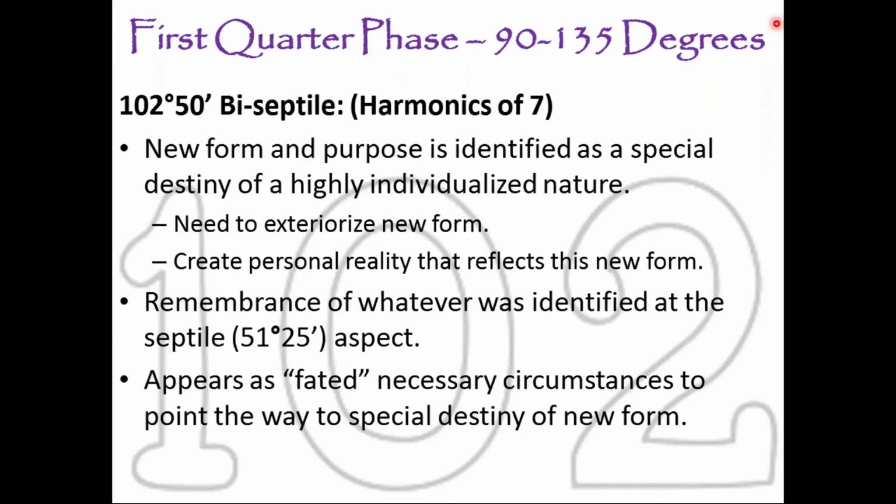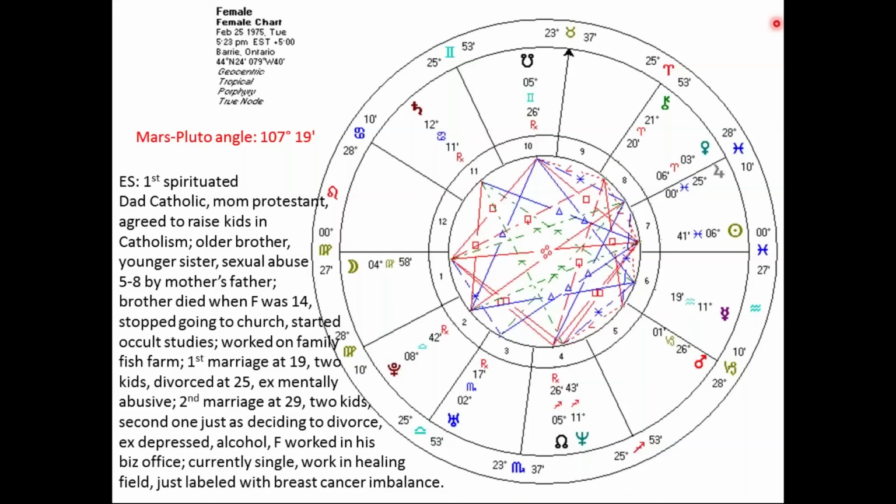I will give the rest of the aspects after this next volunteer chart, but it just so happens that our next volunteer has a Mars Pluto angle of 107 degrees. It is 4 degrees beyond the biseptile aspect. With minor aspects, quintiles, septiles, etc., we use a lesser orb.